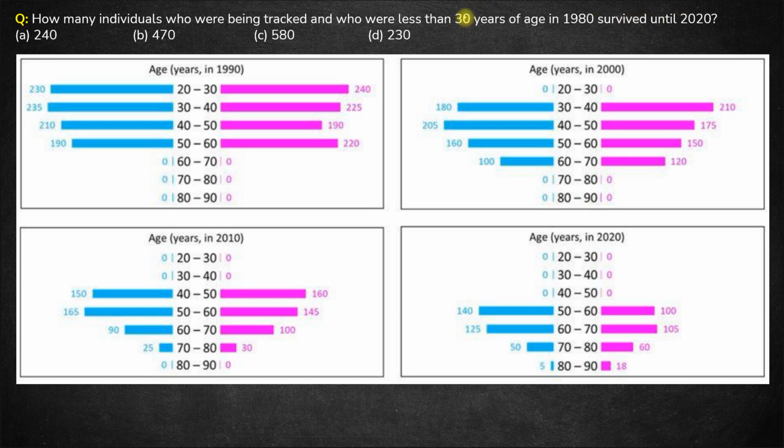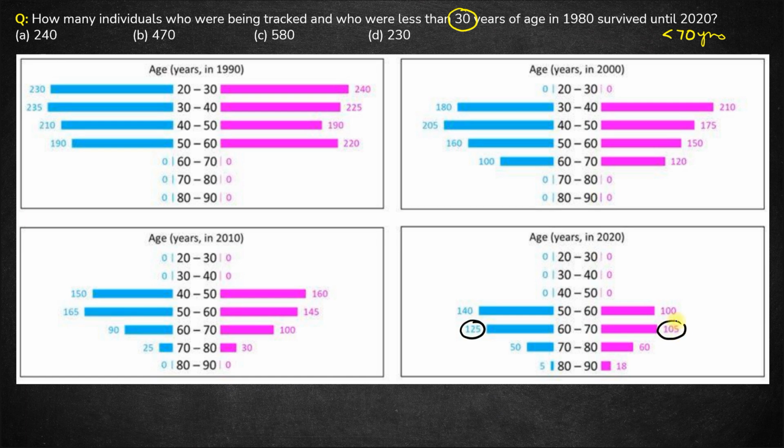So whoever was less than 30 years in 1980 would have been less than 30 plus 40, less than 70 years of age in 2020. So in 2020, we are looking at people who are less than 70 years of age, right?